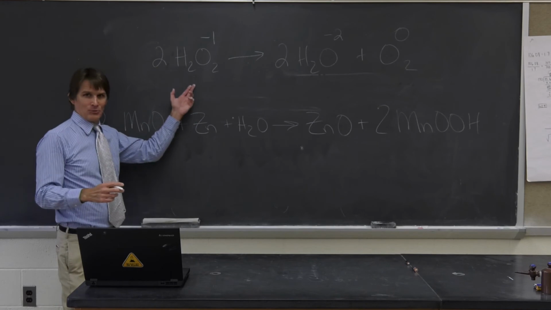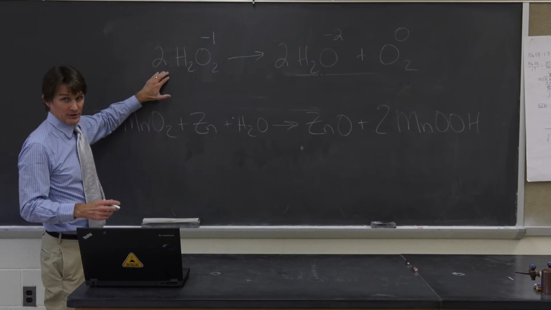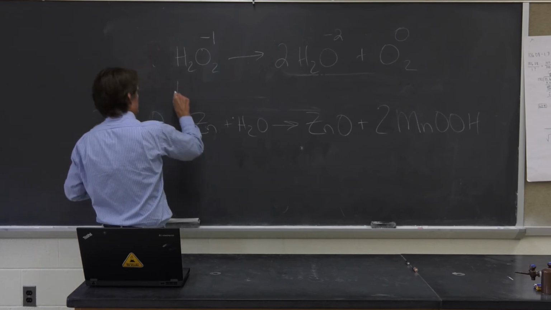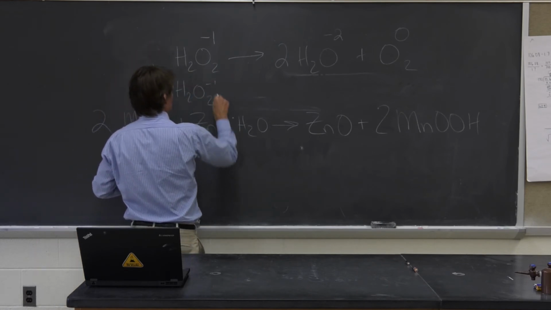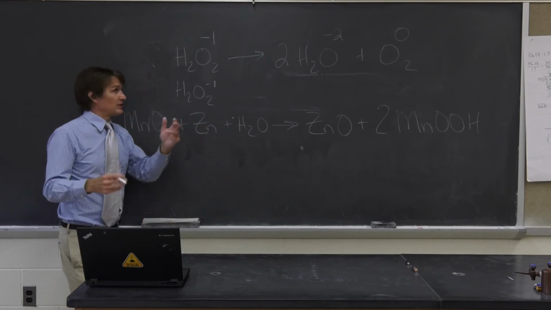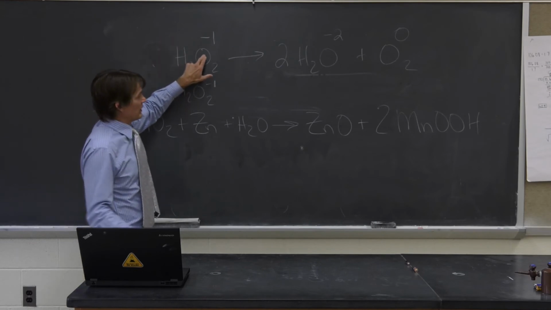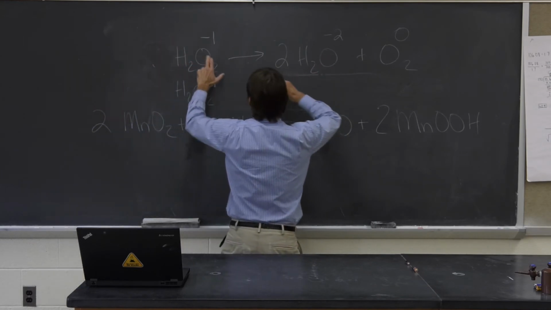And in this case, it's tricky. This is a really tricky one. You have to recognize that there are 2 hydrogen peroxide molecules here. So I'm going to draw it like this, so we can see what's going on a little better. The way to envision this is we say, okay, this hydrogen peroxide molecule gets turned into some water.